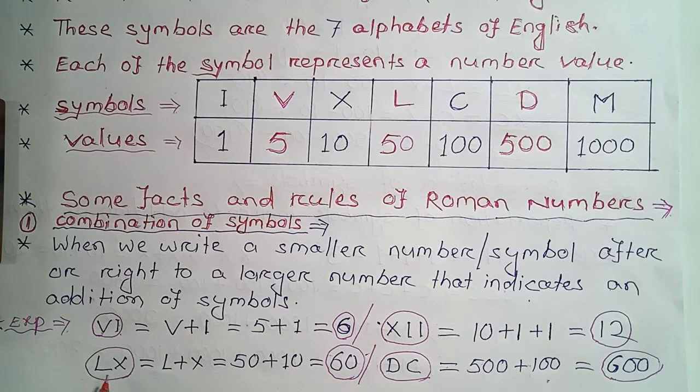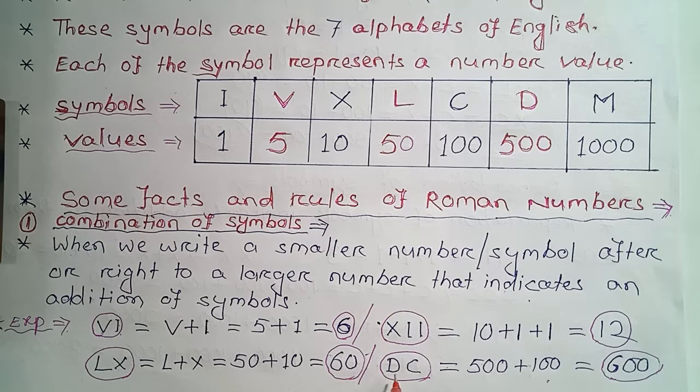When we write LX, L stands for 50, X stands for 10, then it is L plus X, or 50 plus 10 is equal to 60. When we write XII, X stands for 10, plus 1 plus 1, that is 12.